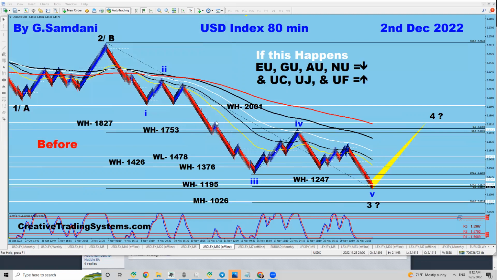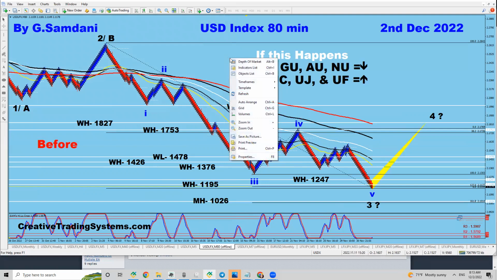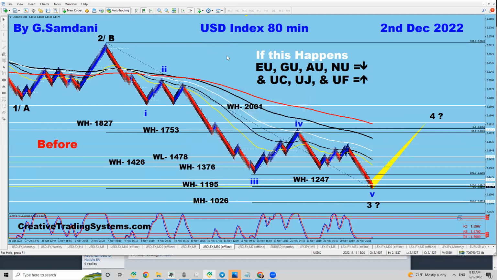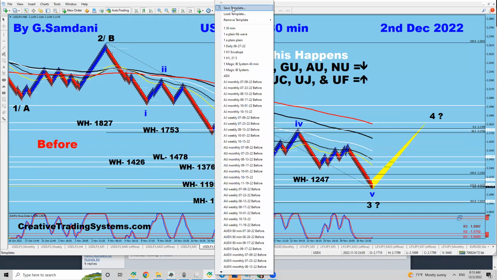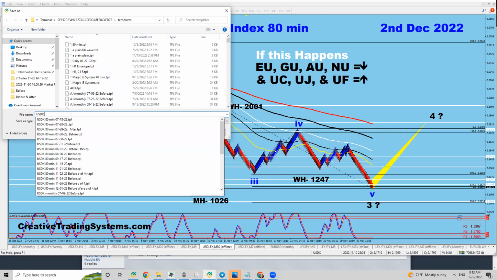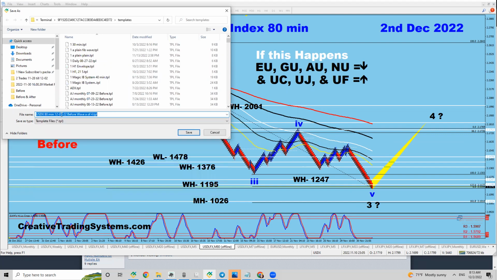So I saved it, and I'm going to save the template as well: USDX 80, December 2nd before A of 4.